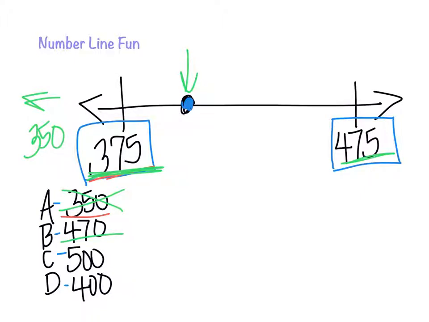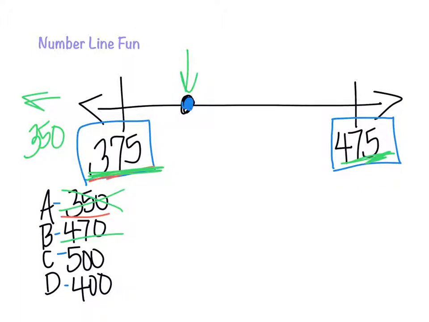Right, it's less than. But how close is it to 475? How many ones place away is 470 to 475? What's the difference? What's the distance? That's right, it's only 5 away.